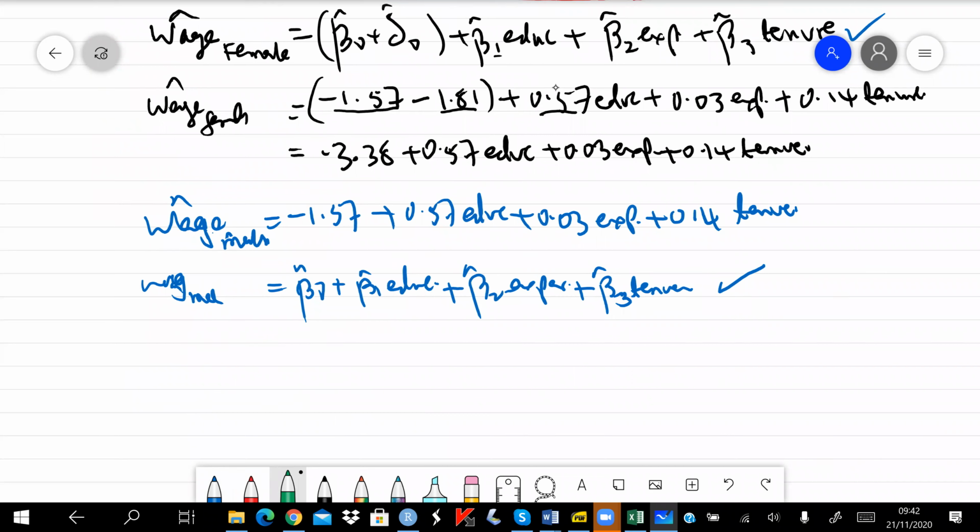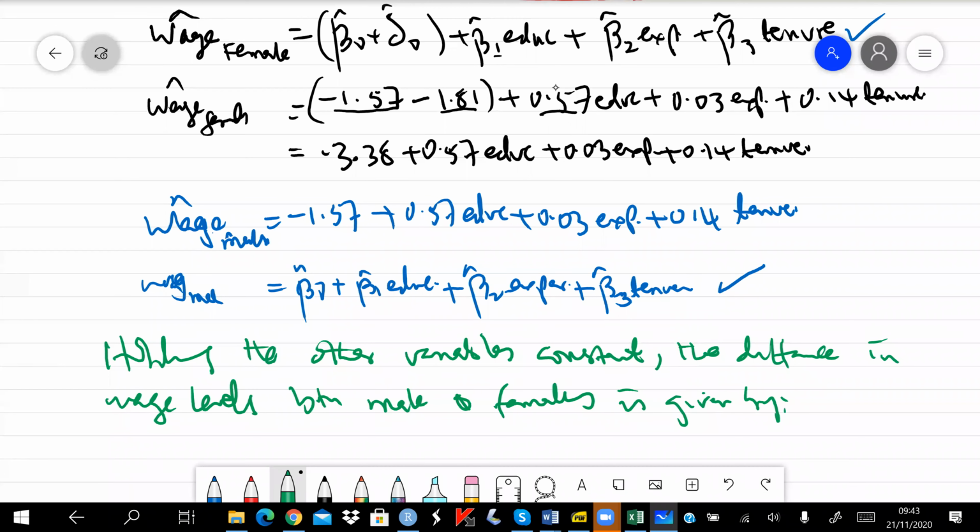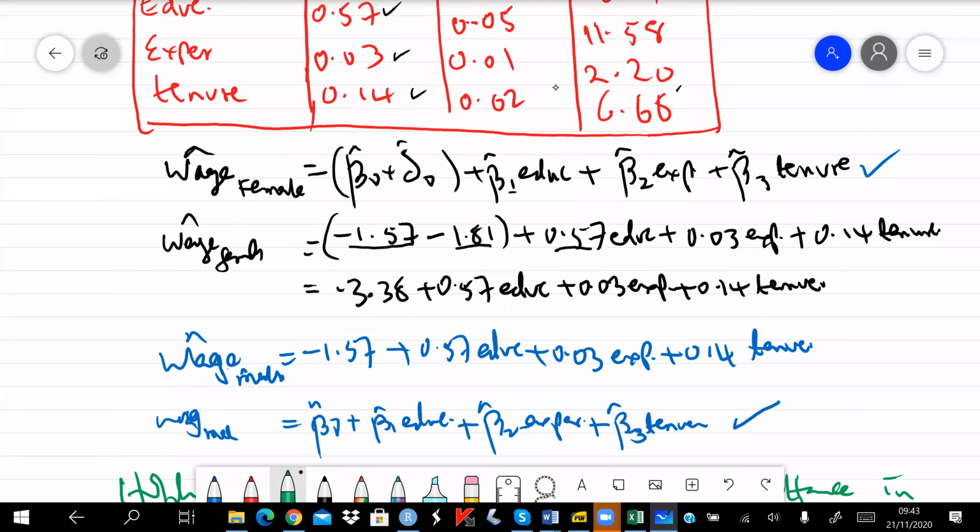So you can say that holding the other variables constant, the difference in wage levels between male and females is given by, you can just take the first equation minus the second equation.